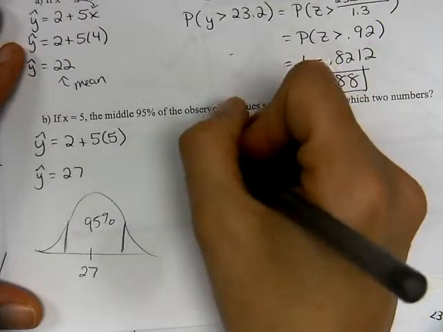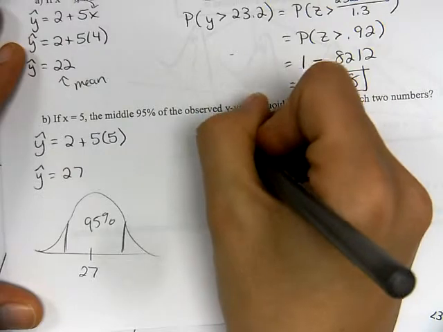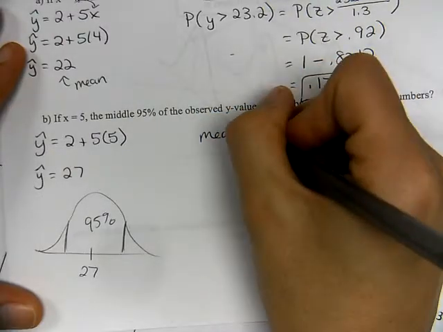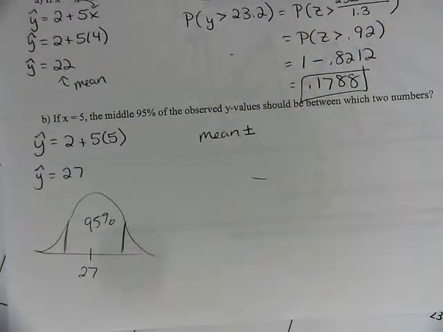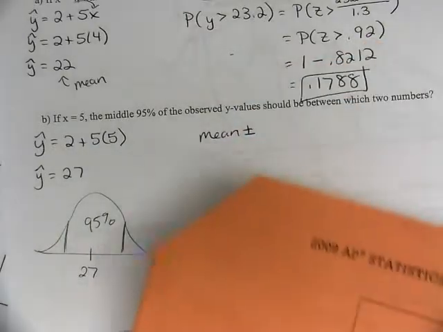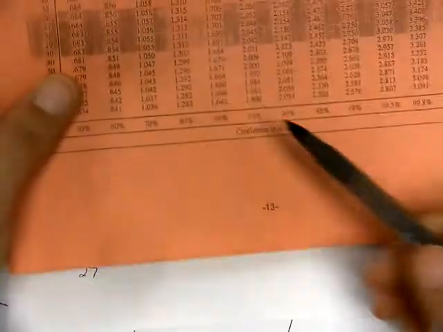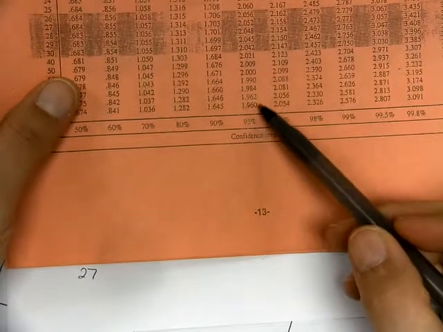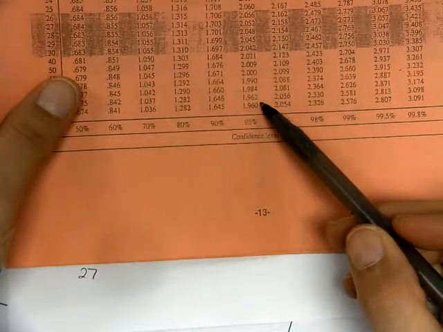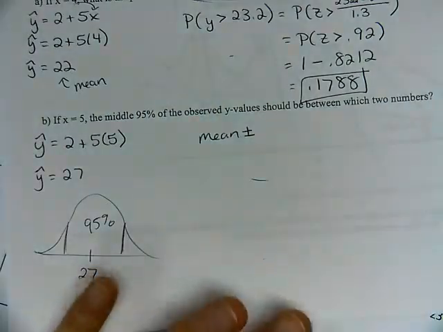So usually we take the mean plus or minus, and 95%, think of a confidence interval. This is going to be a z confidence interval because we know the standard deviation. So 95% should be 1.96 times the standard deviation.